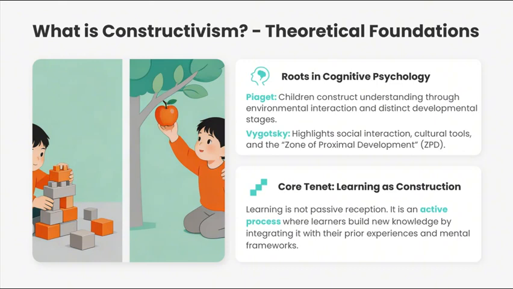A key concept here is the zone of proximal development, or ZPD. This is the gap between what a student can do alone and what they can achieve with guidance and support. This support, often called scaffolding, is crucial for moving learning forward.